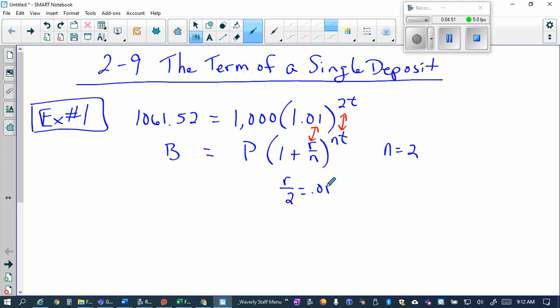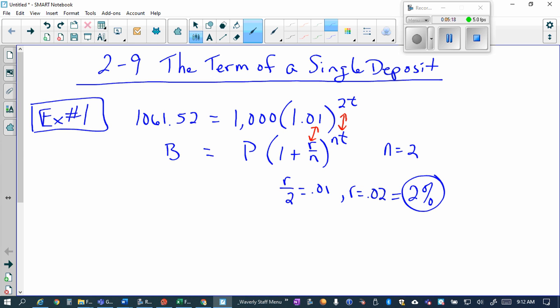So the rate is 0.02, which of course is 2%. If it was compounded annually, you could just say the rate is 1%. If it was compounded monthly, it'd be R over 12 equals that, and you multiply by 12. Get the idea there? Not too tricky, is it?